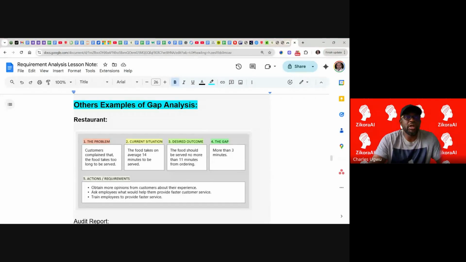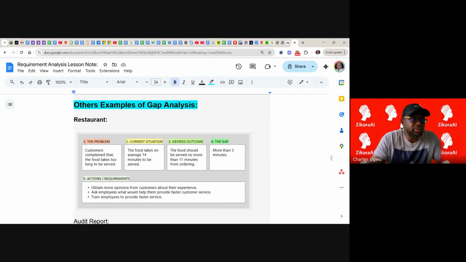It could be just rearranging the kitchen, training them on how to use some of the kitchen equipment. Another one could be you can even decide to go online so that customers can book their food ahead of time before coming, so that you will start preparing their food even before they come.